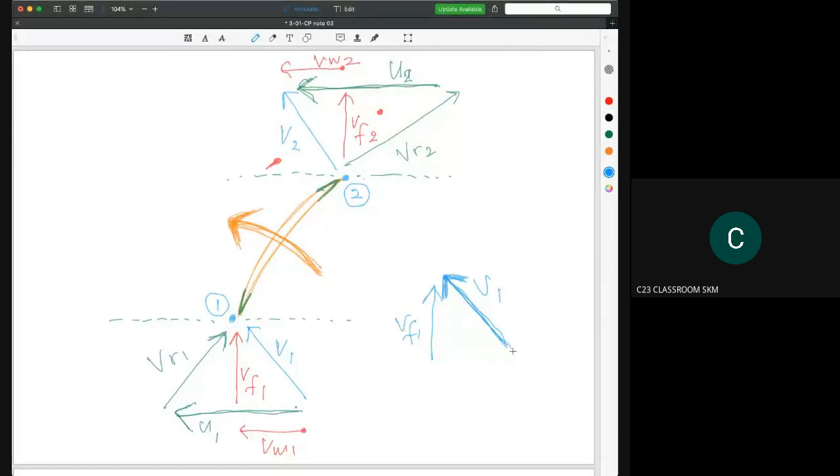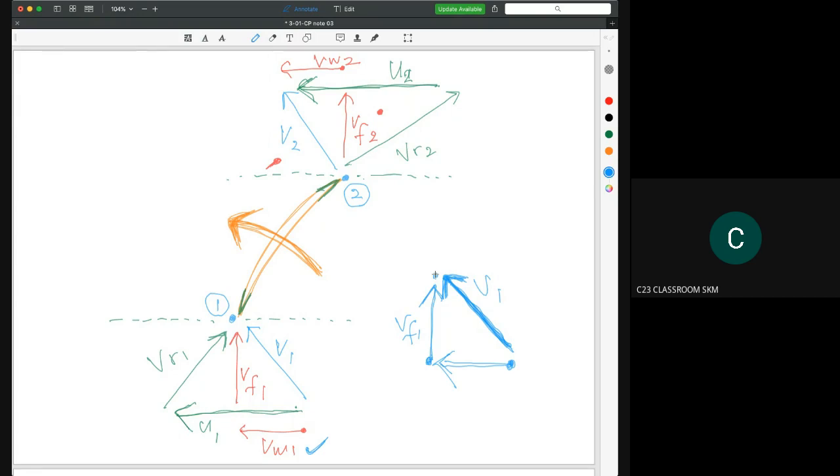So this is the resultant vector. The V1 here must be from here to here. It must be a closed loop. So it must start from here, and then continue from here to here, and then go to the end of the vector.